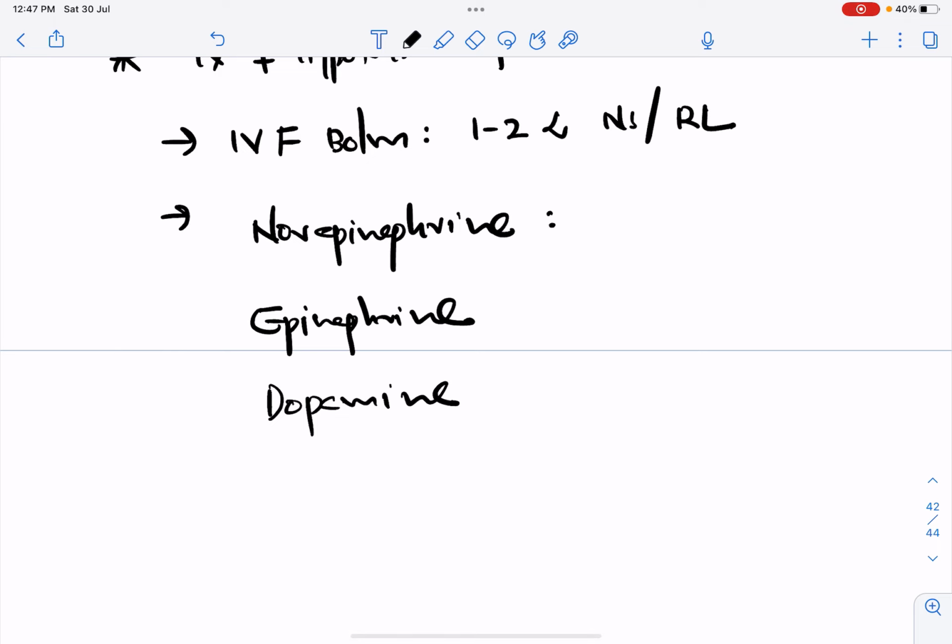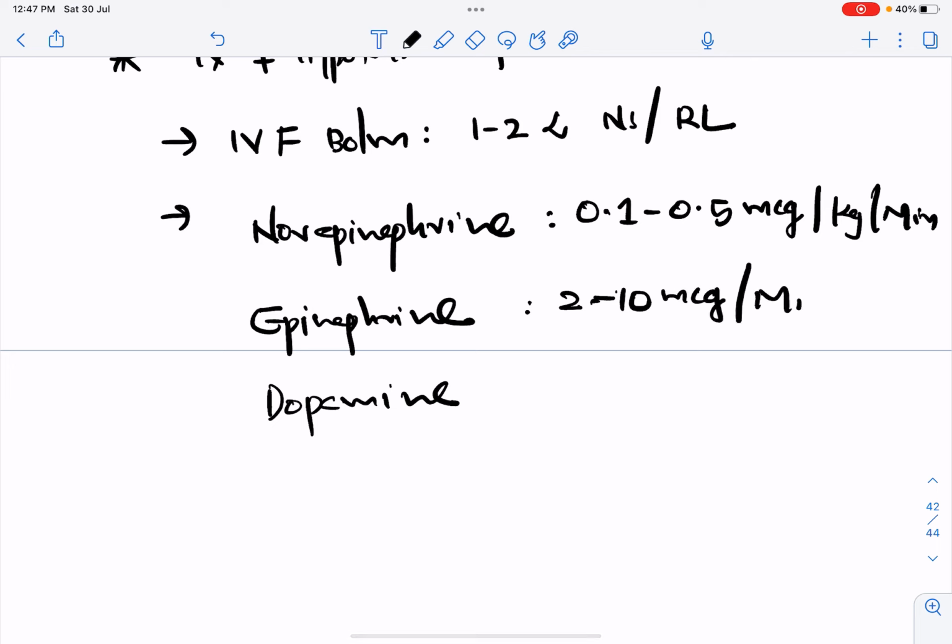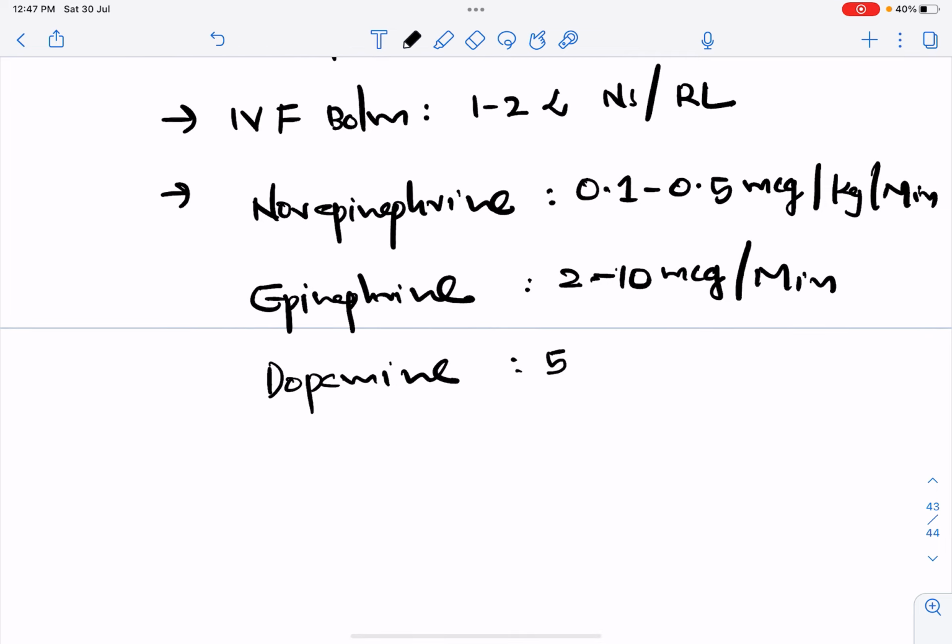The suggested dose for norepinephrine is 0.1 to 0.5 mcg per kg per minute. For epinephrine, it is 2 to 10 mcg per minute. It is not per kg, it is mcg per minute. And for dopamine, it is 5 to 20 mcg per kg per minute.